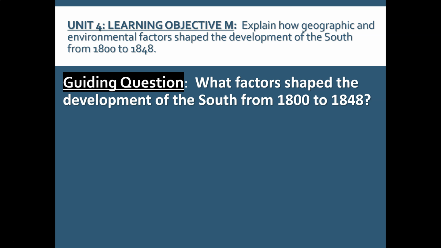We looked at all these different groups and how they're interacting and helping to develop a South that is definitely unique from the rest of the Union, and so unique, in fact, that as we get to the mid-1800s, many in the South are seeing their continued existence in the Union as basically not sustainable. They have to go their separate way.